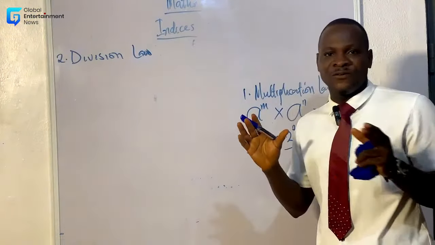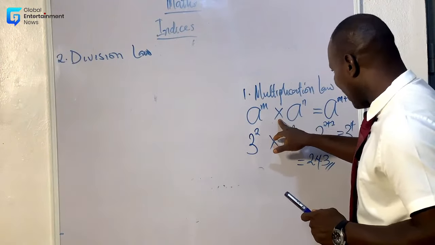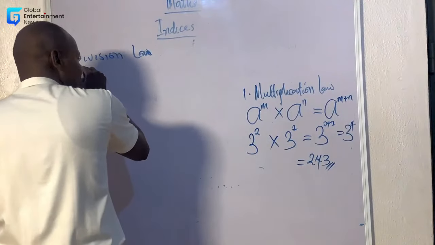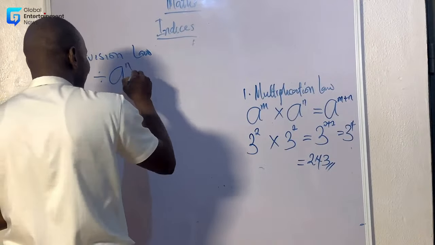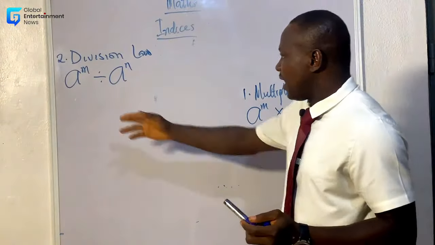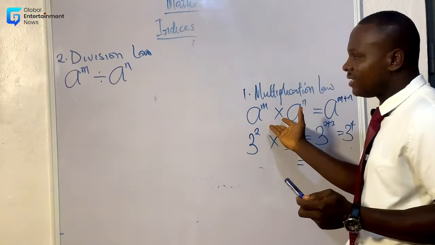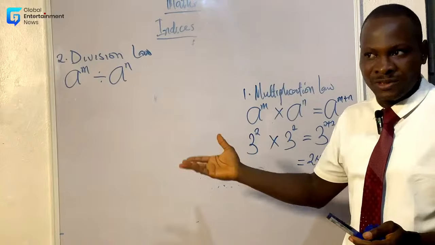The only difference between them is that this one has times, and this one is a raised to power m divided by a raised to power n. You can see I have a division sign here, and a multiplication sign there. So the same thing is going to be applicable here.